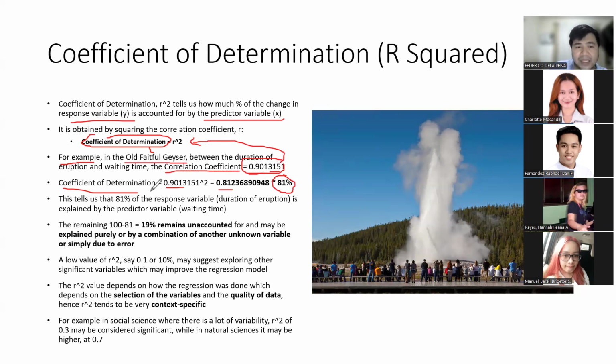This simply means that 81% of the variation in the duration of eruption is properly explained by the predictor variable, or the waiting time.